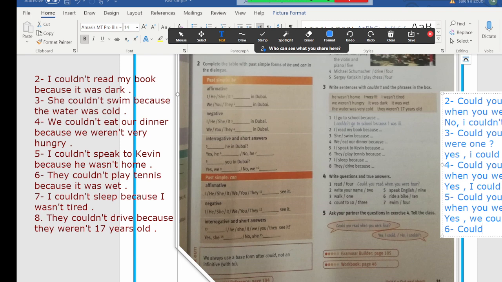Could you ride a bike when you were 10? Number 7.